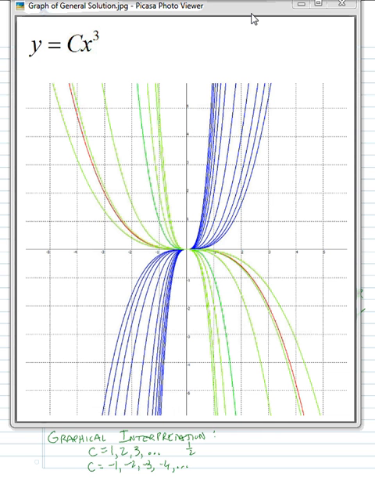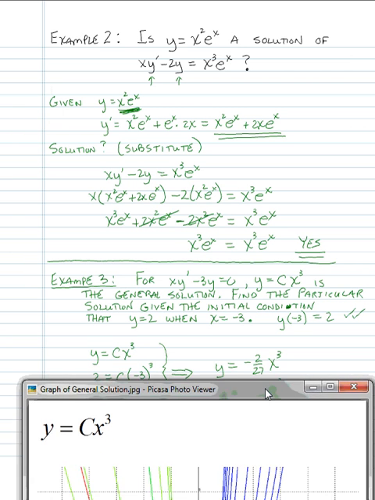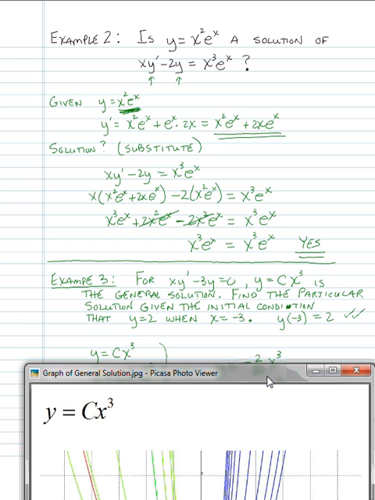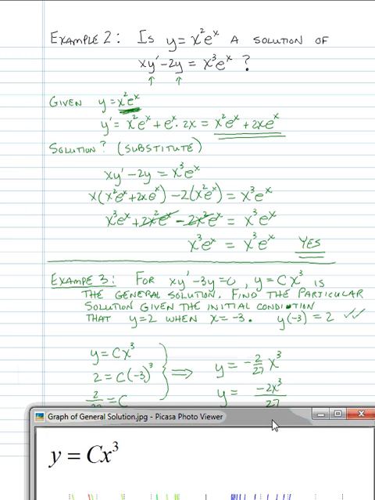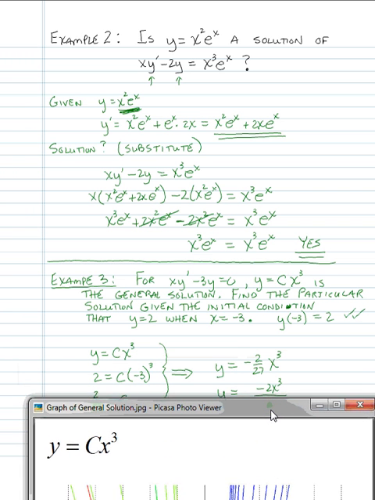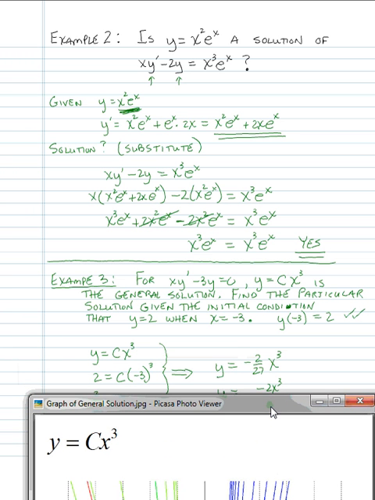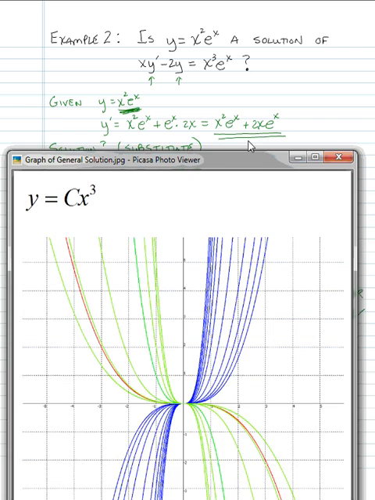What was that condition? That condition was that when x is -3, y has to be equal to 2. And we found out the specific function was y equals -2 over 27 times x cubed. In other words, c was -2 over 27.